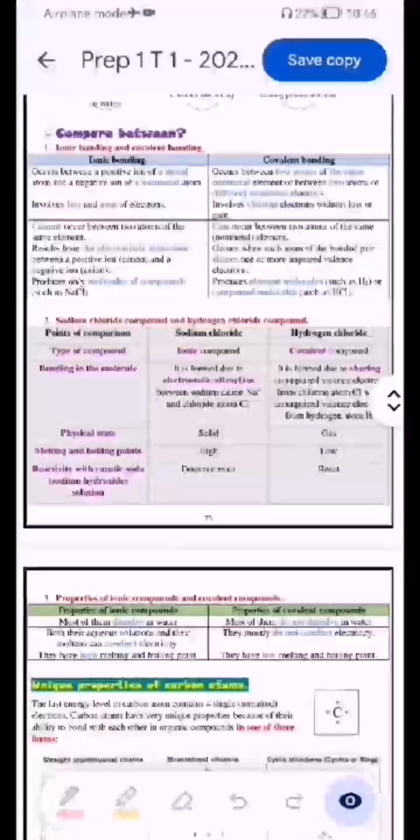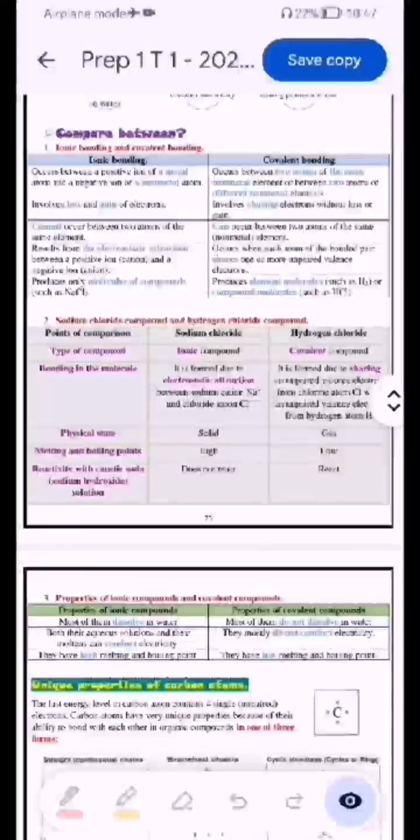Ionic bonding produces only molecules of compound because it occurs between different elements, but covalent bonding may produce element molecules and may produce compound molecules.